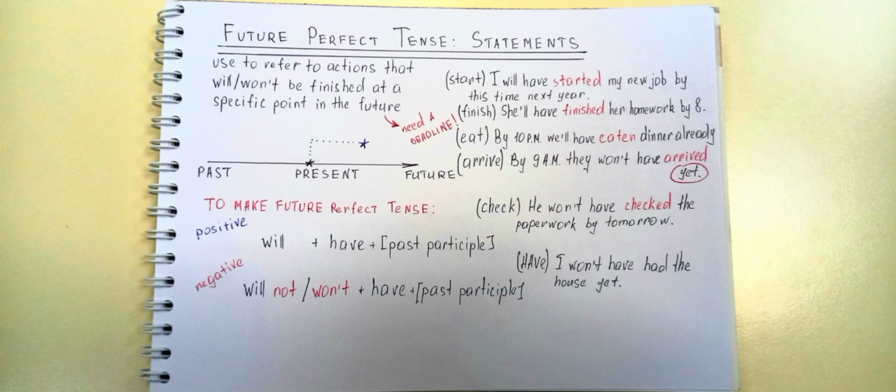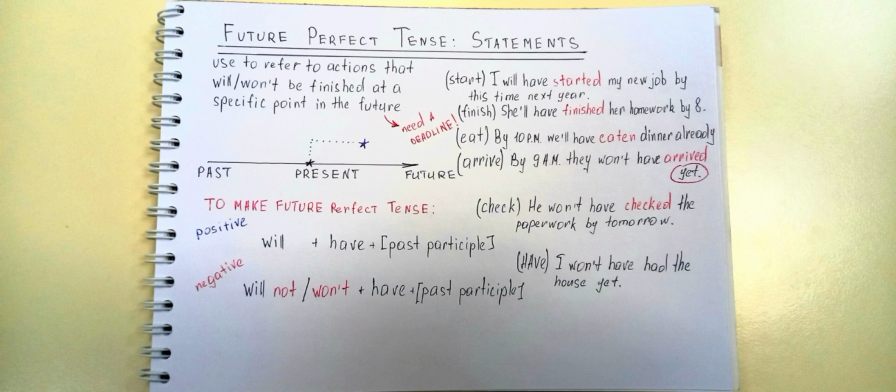So meaning at this point in the year, next year, my new job will have started. That means sometime before this point in time, I am going to start my job.